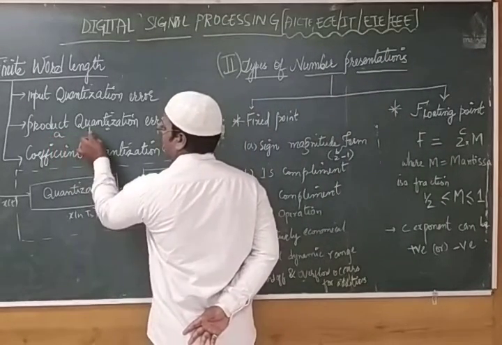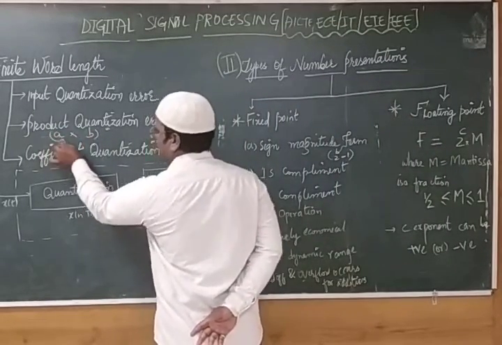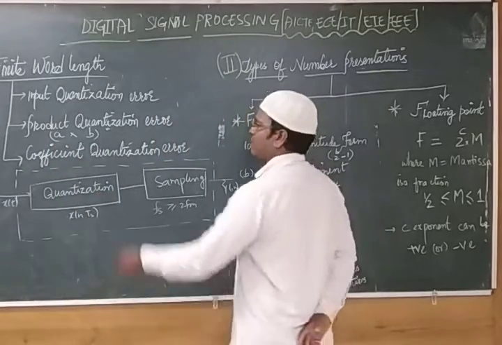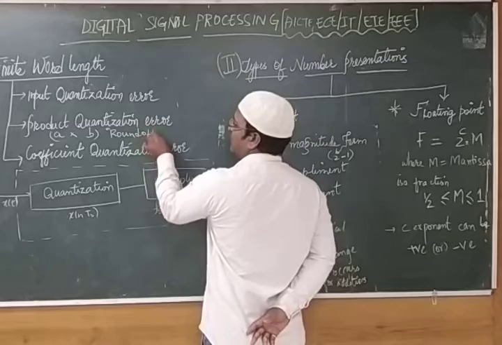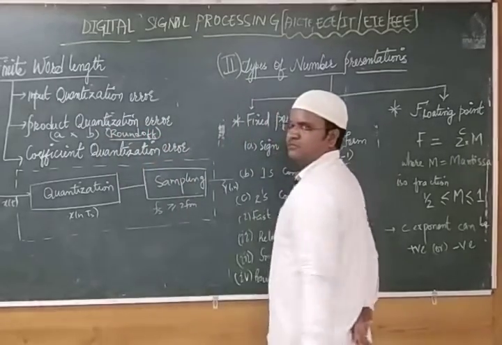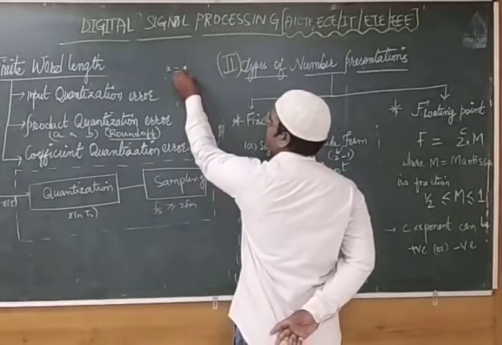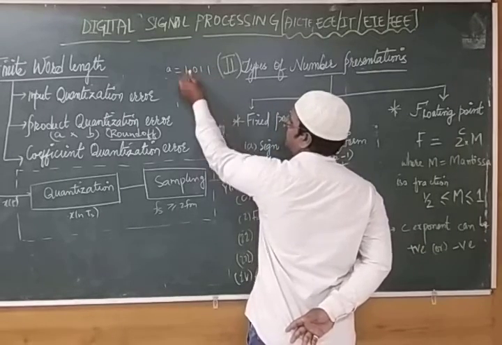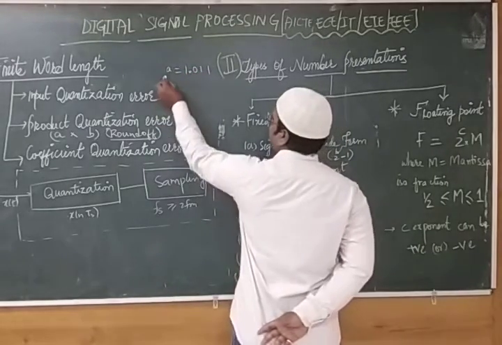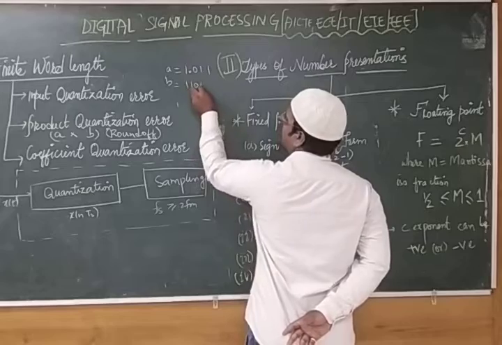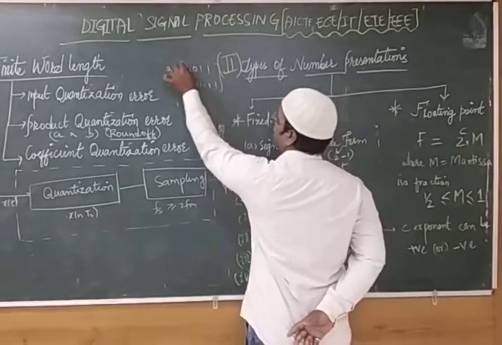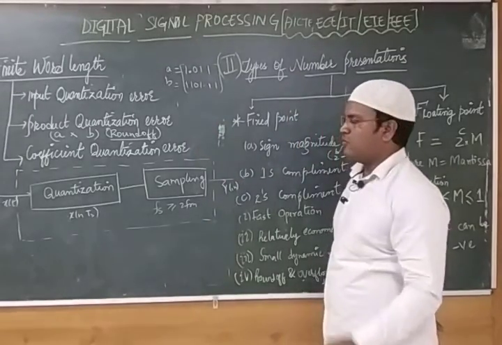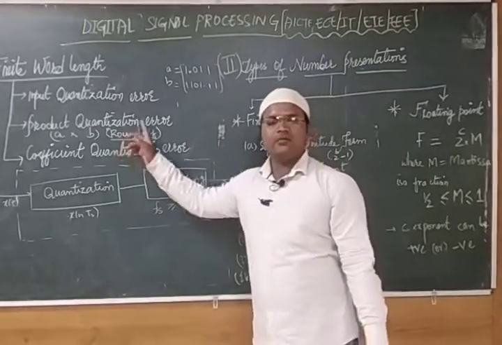If you have an a bit and a b bit and want to find their product, you need to round off the result. For example, if a is 1.011 and b is 1101.11, when I multiply these two and find the product, the errors we get are product quantization errors.